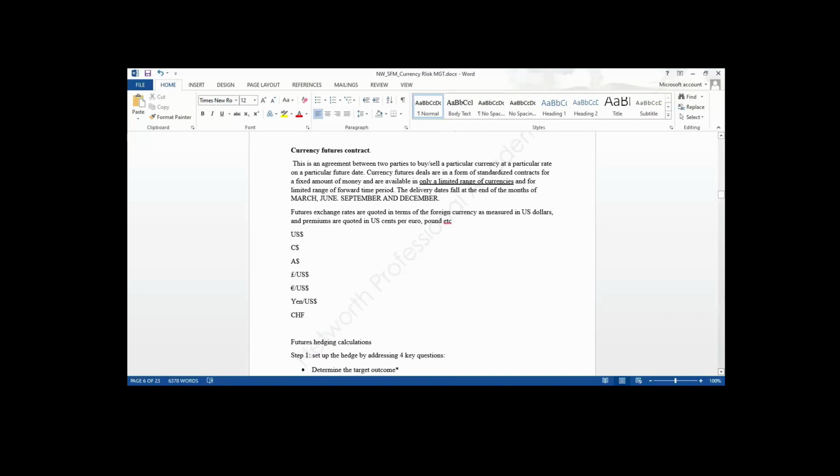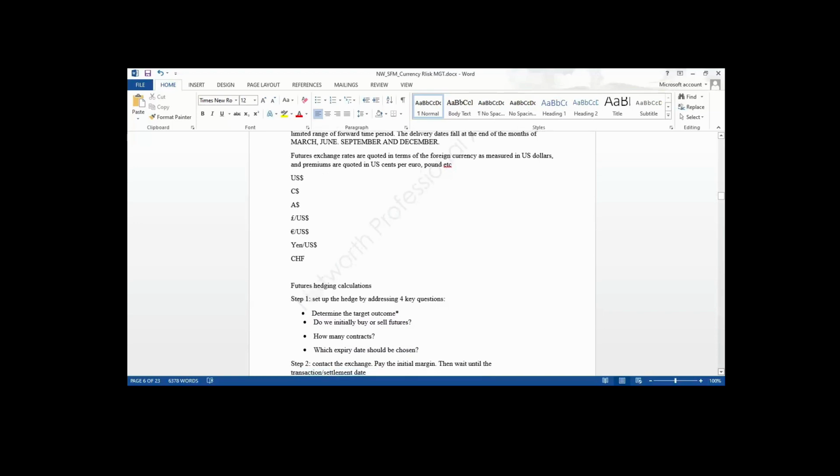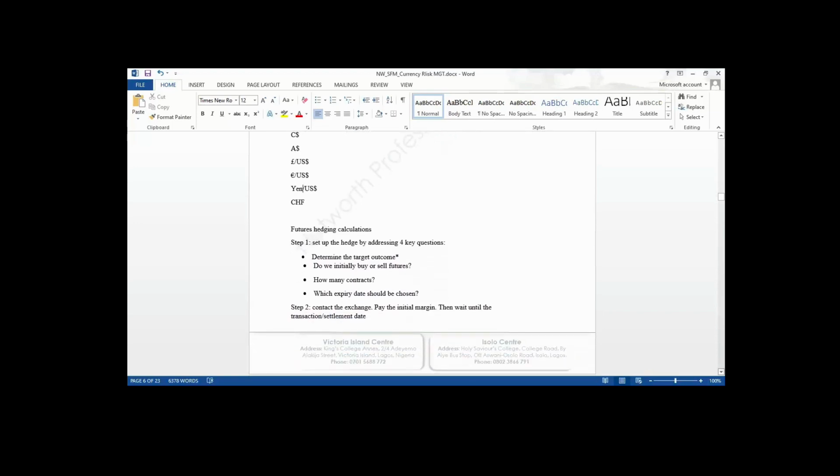Now, steps involved when you are hedging with currency futures. Step 1, set up the hedge and address 4 questions.